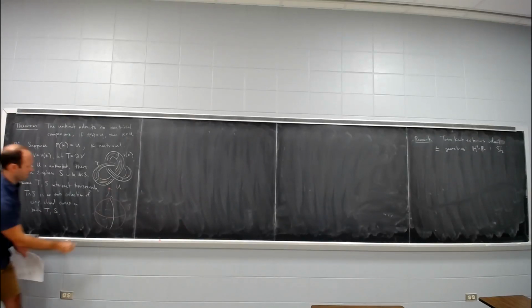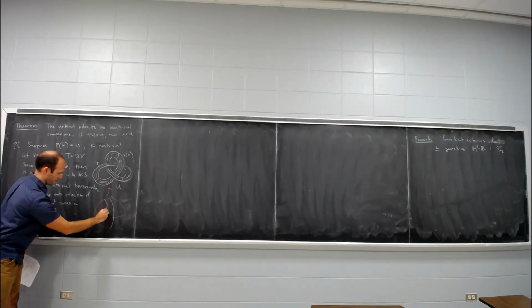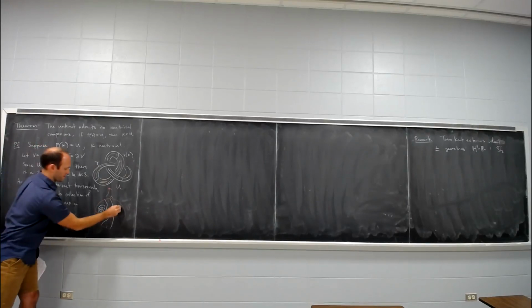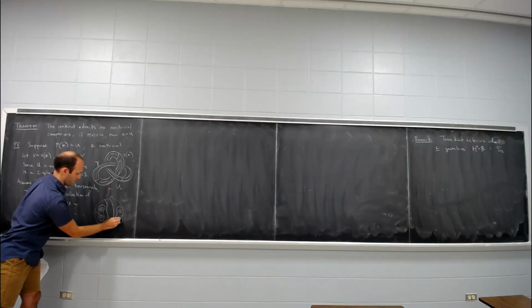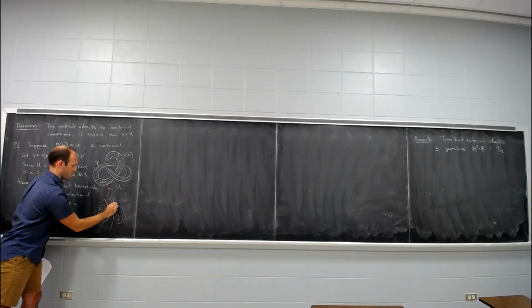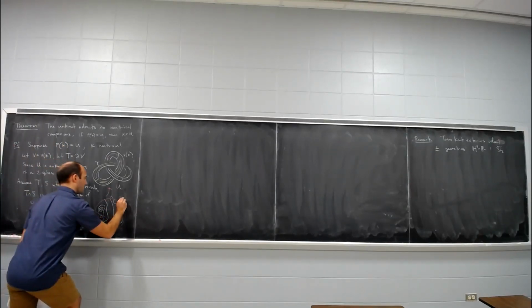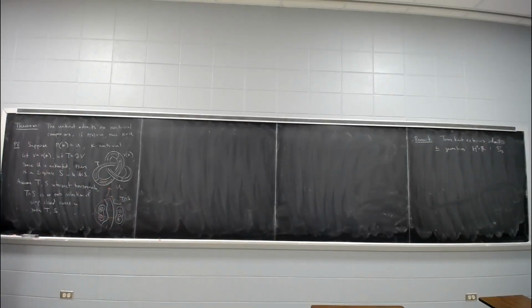So one way we can draw that is we can draw the intersection of S with T on S here. So we get a bunch of loops, and I guess there's some over here, something like that. A bunch of simple closed curves of intersections. So this would be T intersect S. Generically, two surfaces in a three-manifold will intersect in a one-manifold, and since everything's closed, we get curves.